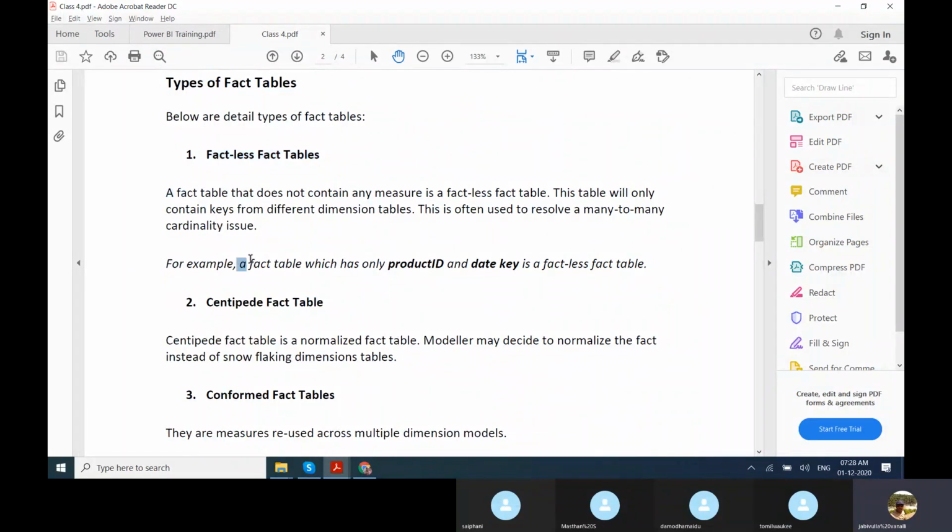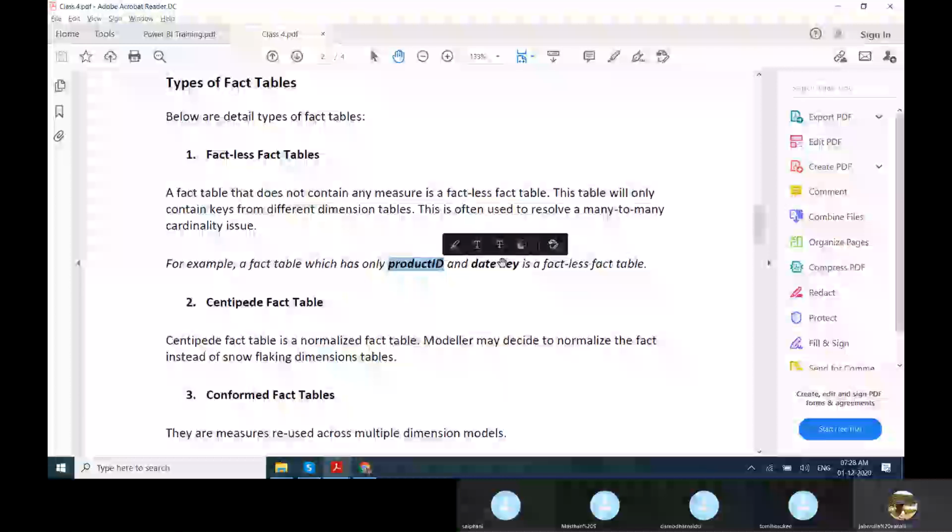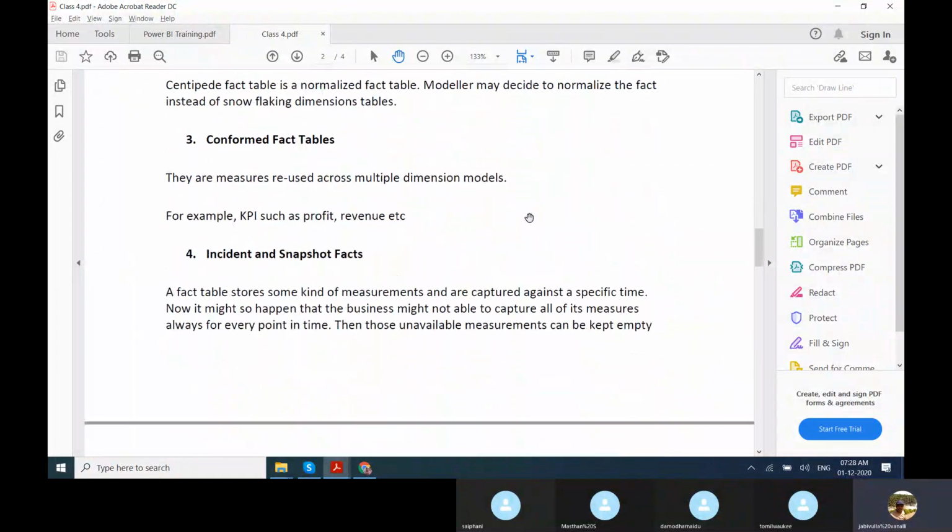For example, a fact table which has only product identity and date is a factless fact table, only having a relationship between two tables, but it doesn't contain any measures.